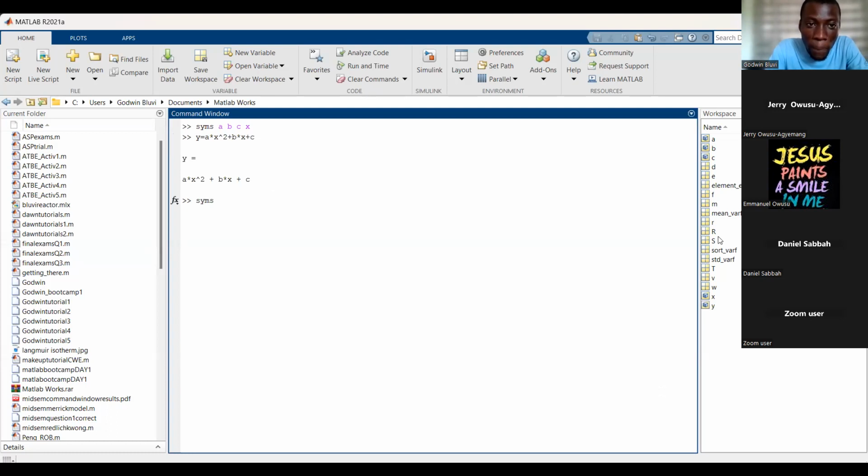Syms half, syms M and V. So we want to create an expression for kinetic energy. What was kinetic energy equal to? I think 0.5, that's half, times mass, now use small m, times velocity squared.